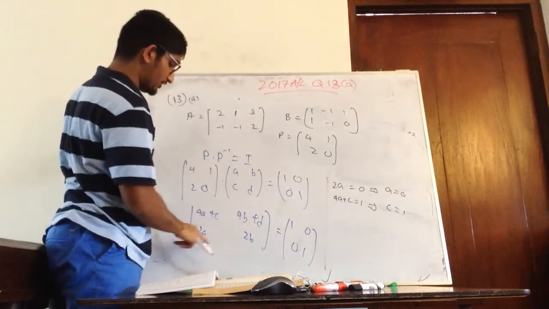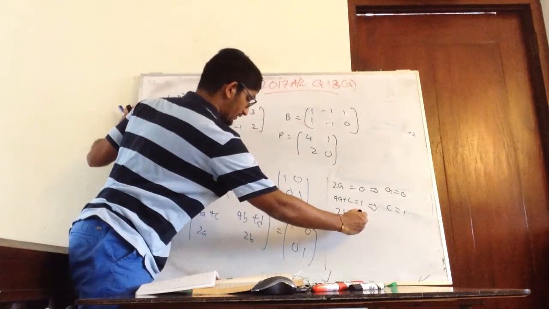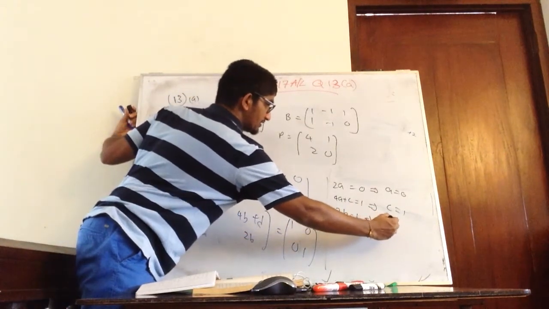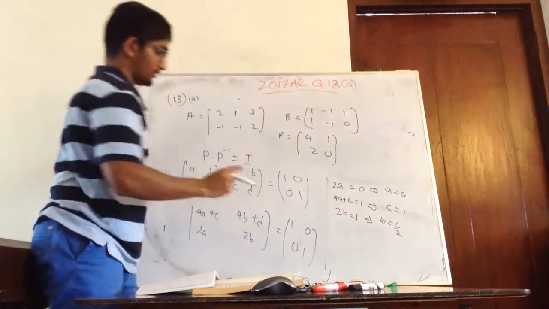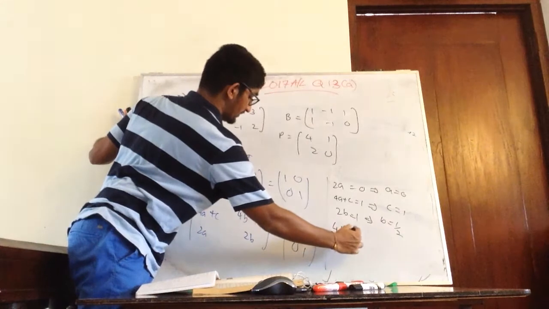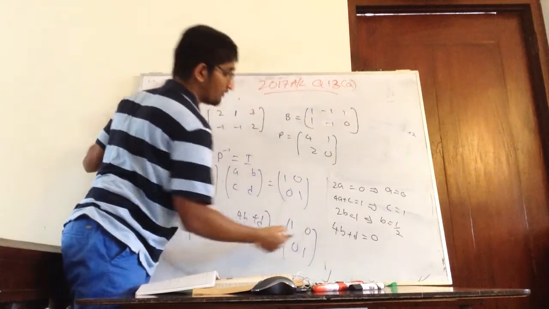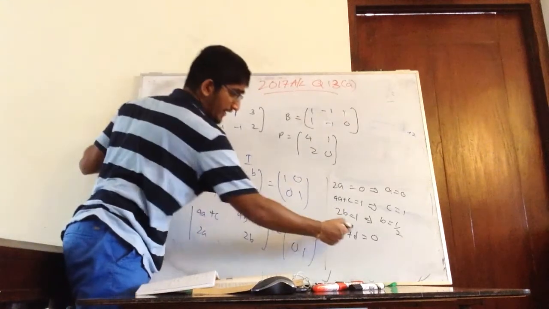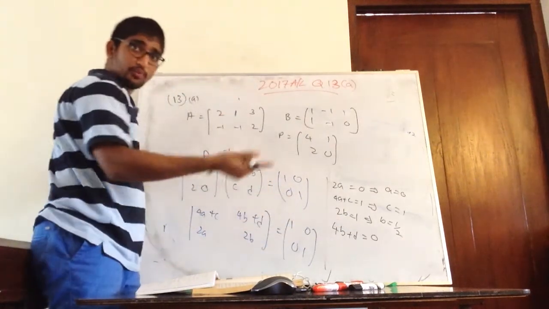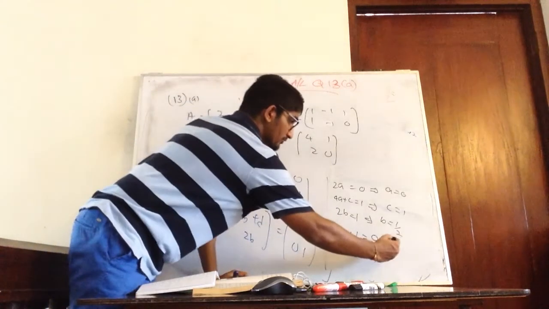Right? Then you get b. So 2b is 1. That means b is half. Then you get this. 4b plus d is equal to 0. That means what? That means d is equal to minus 4b. That means d is what? D is minus 2.